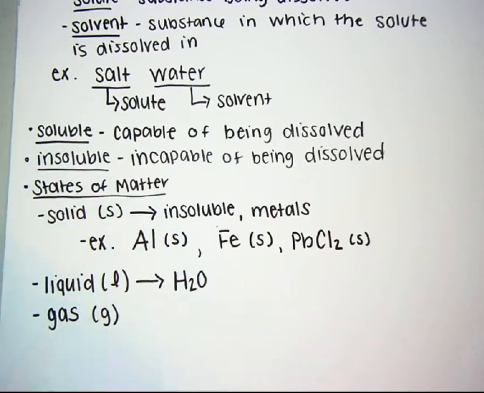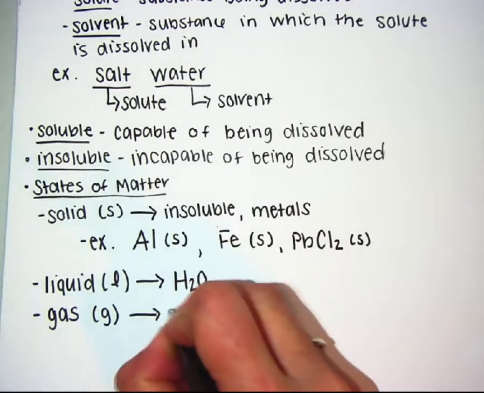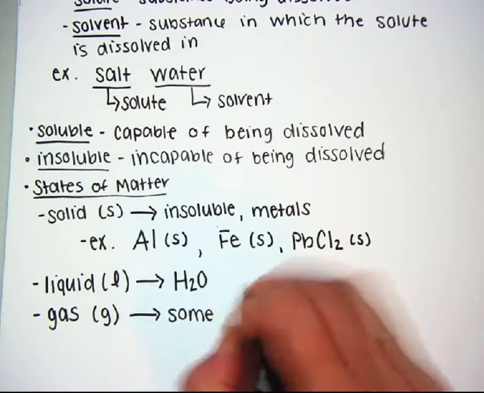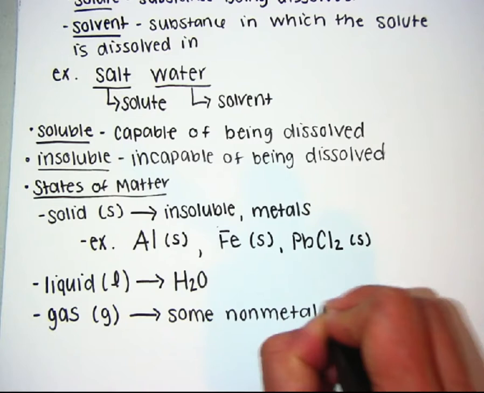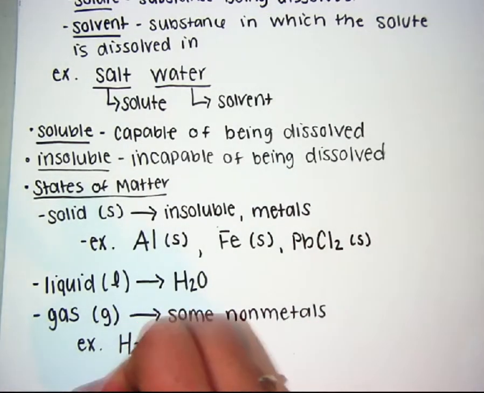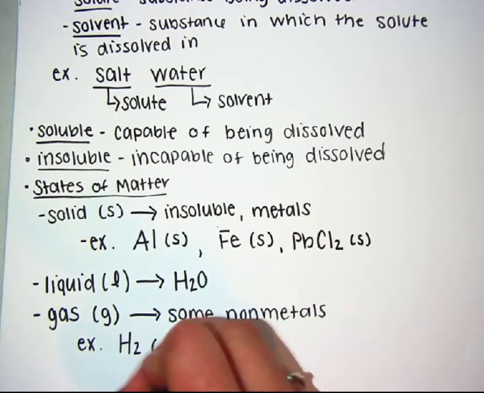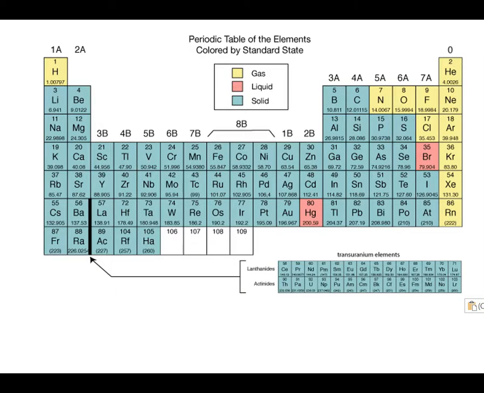Gases would get a G. We would use these for some non-metals, like diatomic hydrogen. Diatomic hydrogen is a gas, so it would get the G. Here is a nice image of all of the elements that we would use the G for gas. So the elements in yellow are going to be gases.